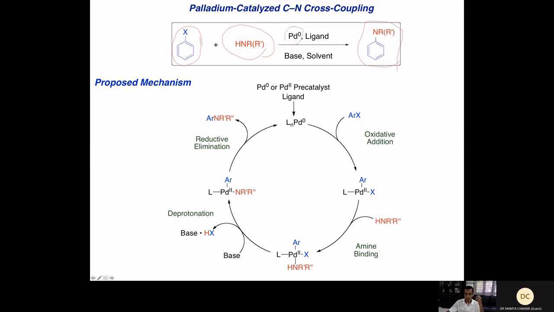The catalyst is usually the palladium catalyst, but it is not really palladium 0. It starts with palladium 2 as we discussed earlier, but the real active species is palladium 0. Often you need a ligand such as phosphine ligand. Okay, and of course a base is required under a suitable solvent. Temperature can usually vary from, let's say, 70 to 100 degrees centigrade.